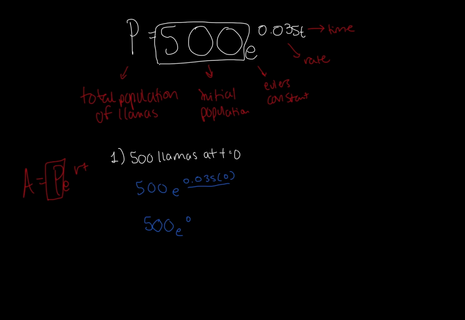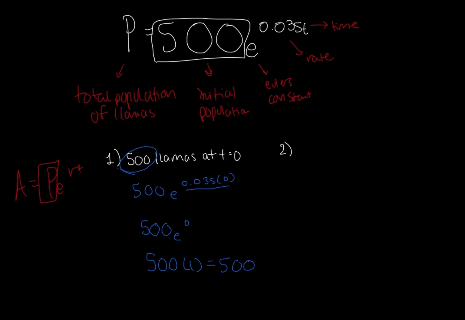Now you have e, or Euler's constant, being raised to 0, and anything that's being raised to 0 is going to equal 1. So you're going to end up with 500 times 1, which is equal to 500, which is the same thing that we got here by simply looking at the principal value as shown in the equation.